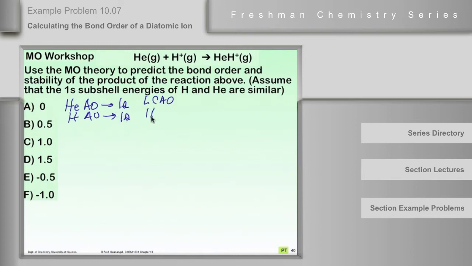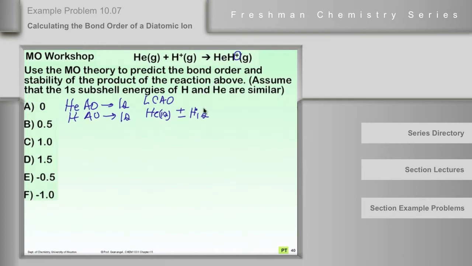So it'll be helium 1s plus or minus hydrogen 1s. And we have to remember at the end, when we're counting the electrons, to take into account the positive sign. We need to subtract 1 electron from the sum of the valence electrons of helium and hydrogen.